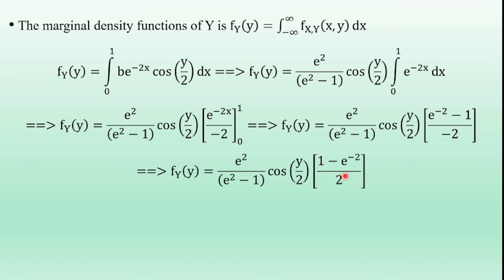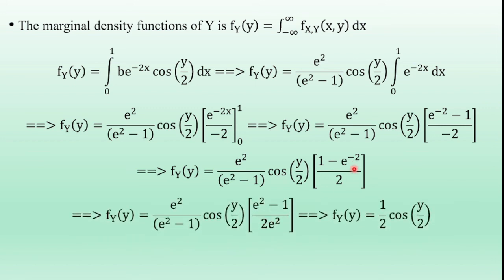So this e power minus 2 is written as 1 by e square. So take the LCM. Here, (e square minus 1) by 2 e square. So numerator and denominator e square is cancelled. E square minus 1 is cancelled. Therefore, the marginal density function of random variable y is fy of y is equal to 1 by 2 cos of y by 2.